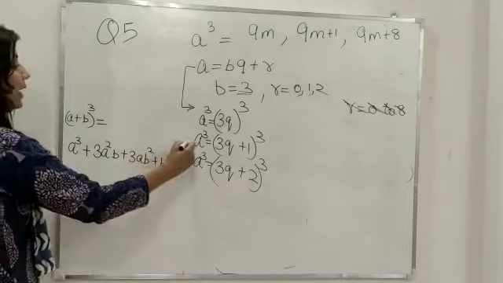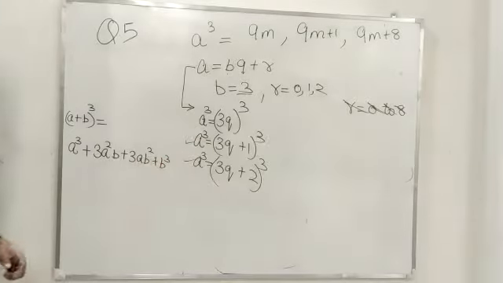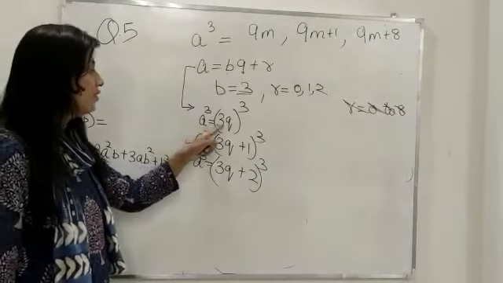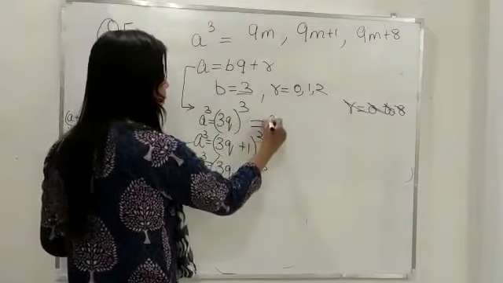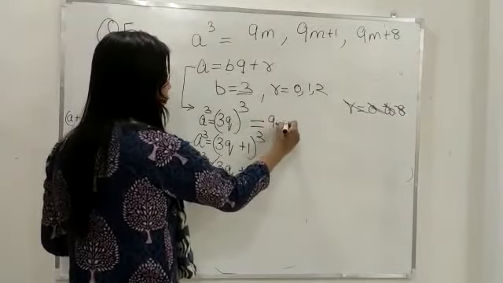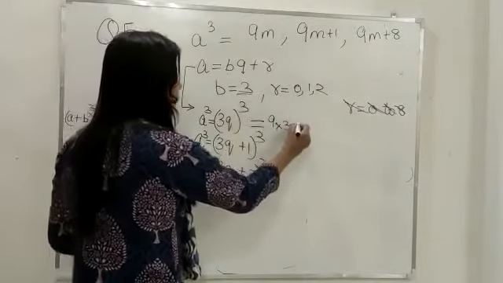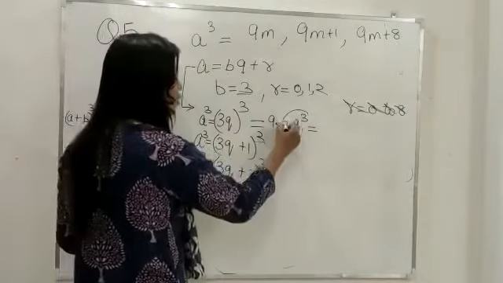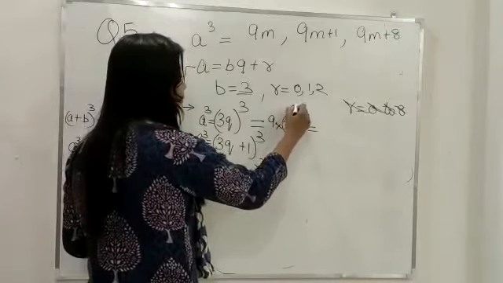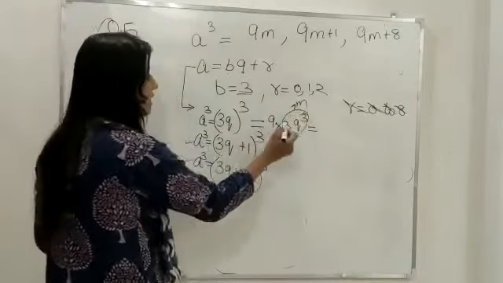So you will apply this formula here and here. First of all, this is simple. Cube of 3 is 27. 27 you can write as 9 times 3 cube. So you can assume this as m. So you can write it as 9m.